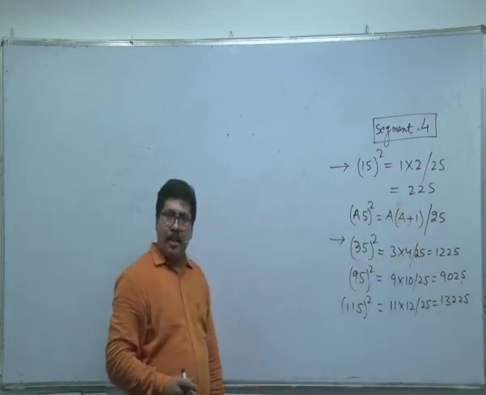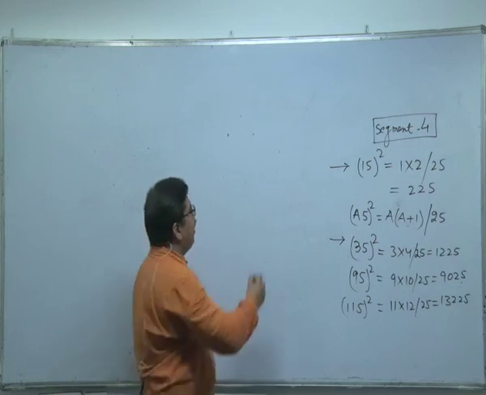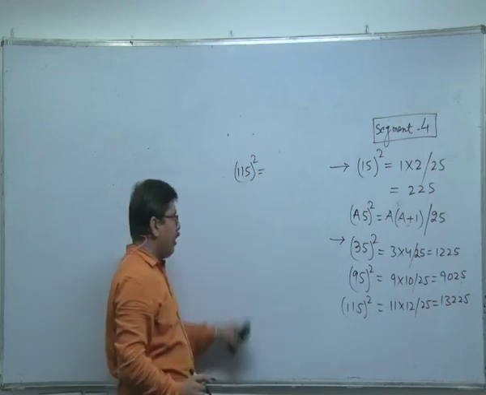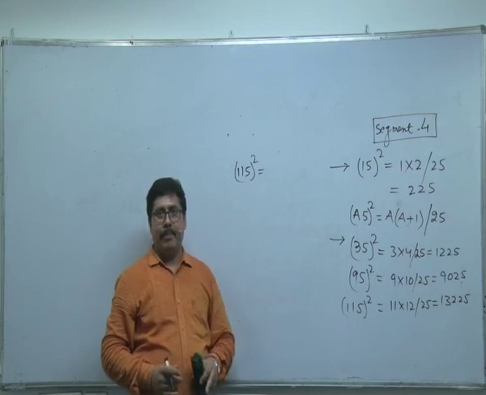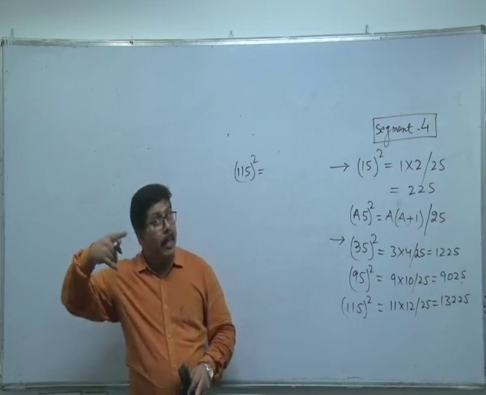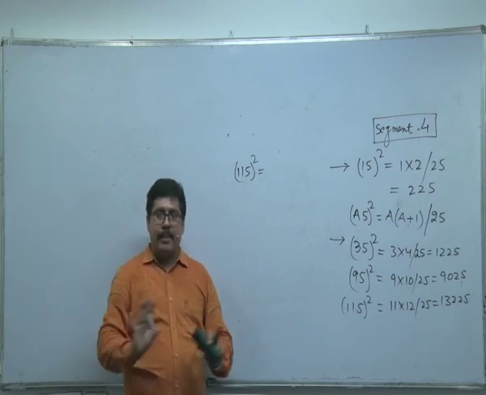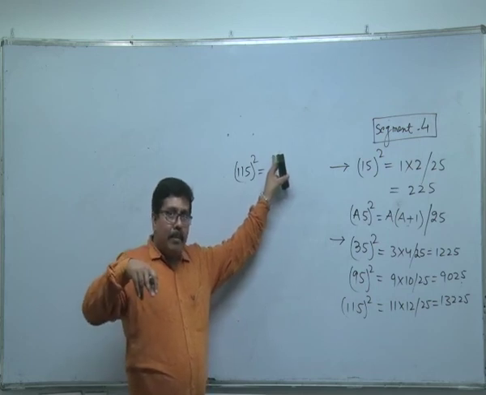Can we cross check our answer? Yes, we can cross check. 115 square. What is the digit sum of 5, 1 and 1? 1, 1, 5, 7. And 7 into 7 or 7 square is the same. So what does the square of a number mean?